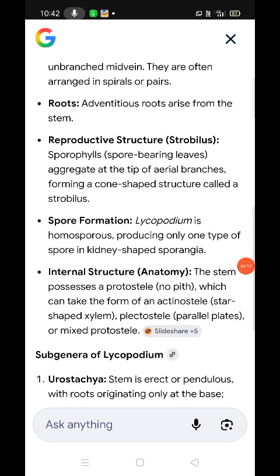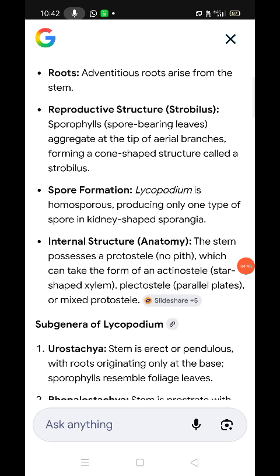Now, when we talk about the internal structure of the stem, the stem possesses a protostele without any pith, which can take the form of an actinostele, that is, star-shaped xylem is observed. Then plectostele, where parallel plates are present, or mixed protosteles are also observed in the stem.